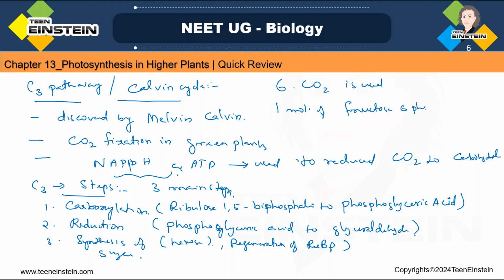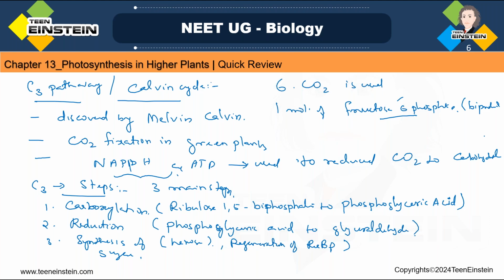Fructose 6-phosphate, that is produced as a byproduct. Here how many carbon dioxide molecules are getting used? 6 molecules of carbon dioxide are used, and 1 molecule of fructose 6-phosphate, that is the byproduct.